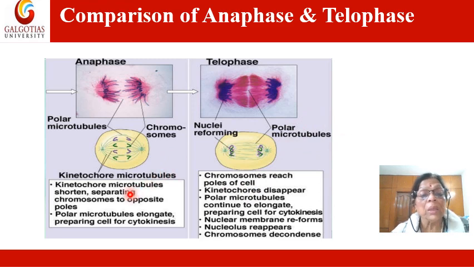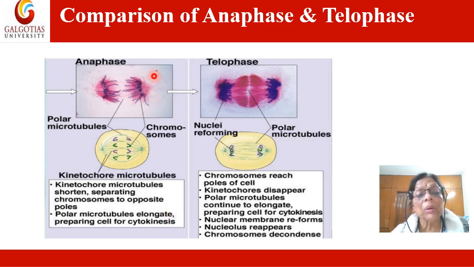So what are the highlights of anaphase? Kinetochore microtubules shorten, separating chromosomes to opposite poles. So the kinetochore microtubules start shortening and moving towards the two poles, and they separate chromosomes to opposite poles. And polar microtubules elongate.